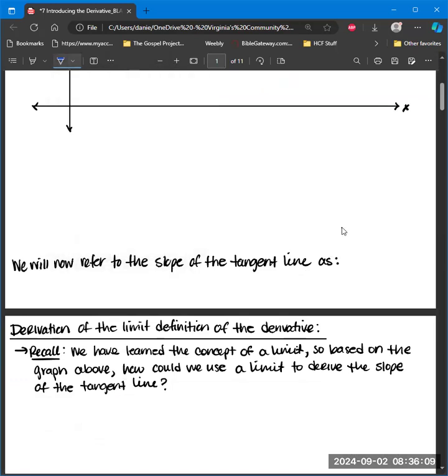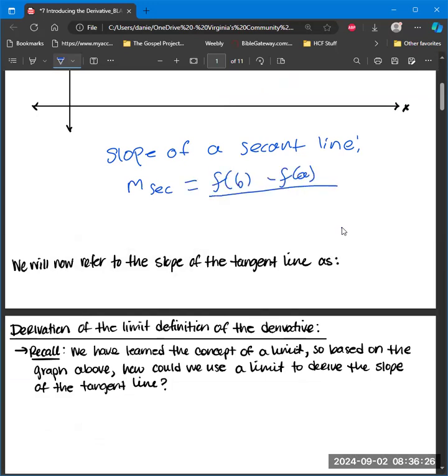So we had a formula that the slope of a secant line could be given by the average rate of change formula, f of b minus f of a over b minus a, or that could be given as y2 minus y1 over x2 minus x1.